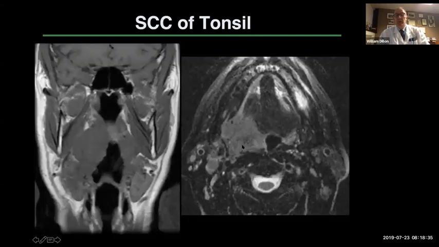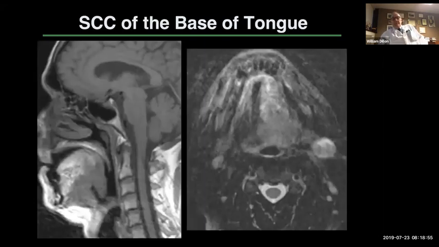Very common squamous cancer of the tonsil on a T2-weighted MR invades the tongue, invades laterally the muscles of mastication, causing trismus, may give rise to a level 2 lymph node, which you see here, classic palatine tonsil carcinoma.